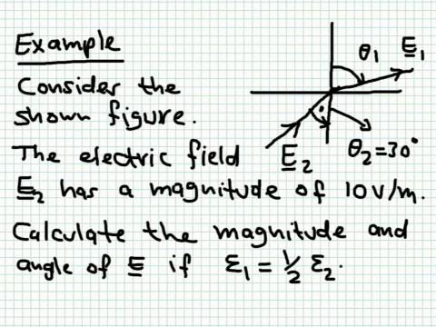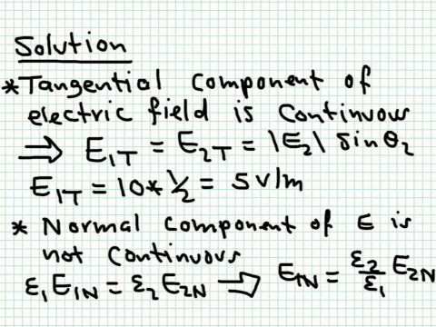Once we have done that, we know the normal and tangential components of E1, and we can solve for E1 and its angle. So we apply the two rules that we know. The tangential component of the electric field is continuous. It does not change. Then E1 tangential must be equal to E2 tangential.